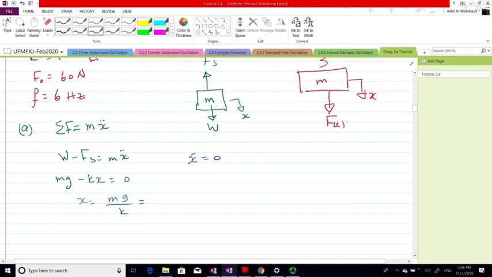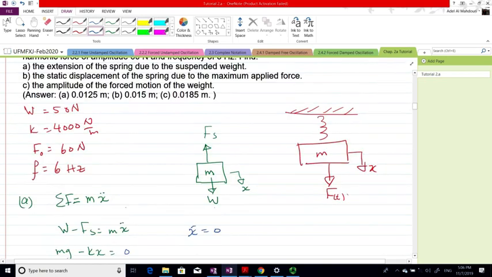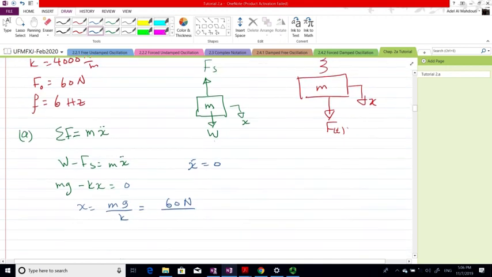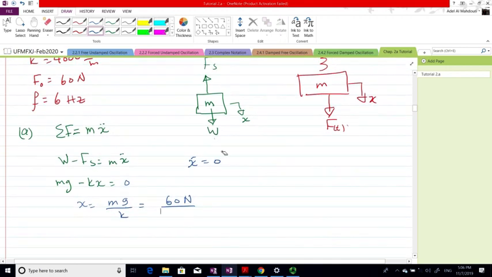And mg is given, isn't it? Which is 50 Newton. And k, is it given? 4,000. Yeah, it's already given. The weight, mg, is the weight.